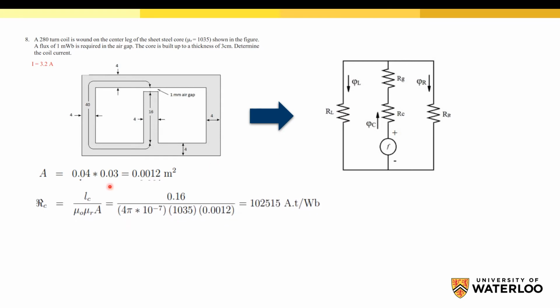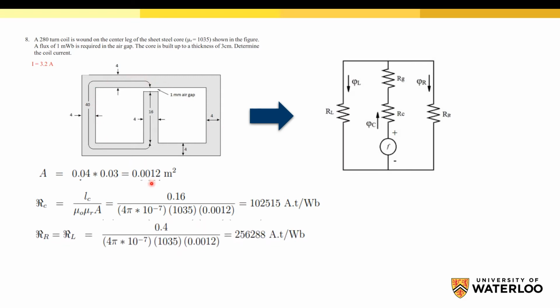So let's start with the reluctance of the center. We have the length and we have the relative permeability and we have the area, so we can calculate the reluctance for the center. We can also calculate the reluctance for the right and the left side.